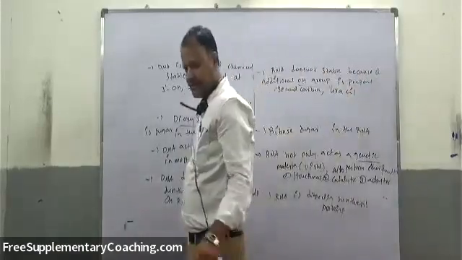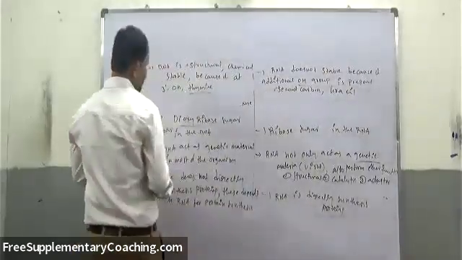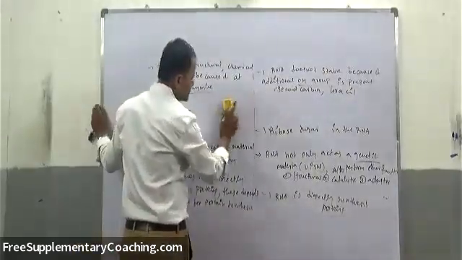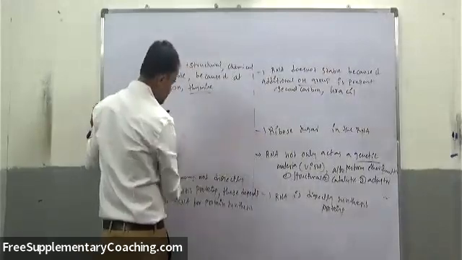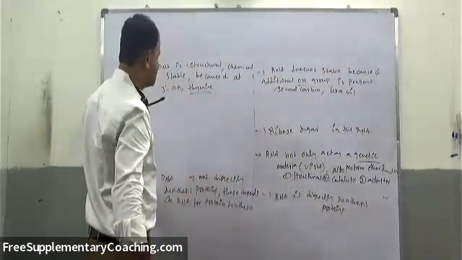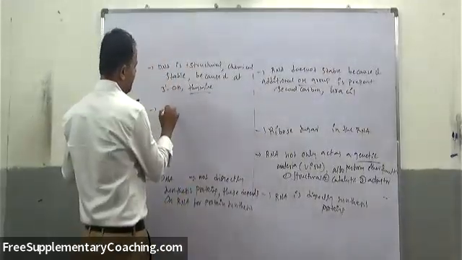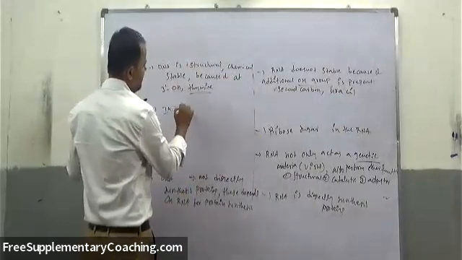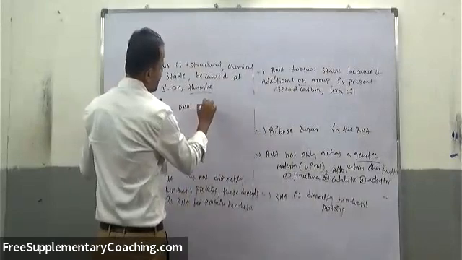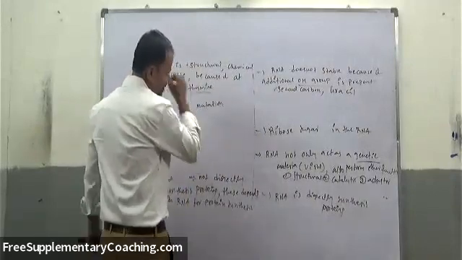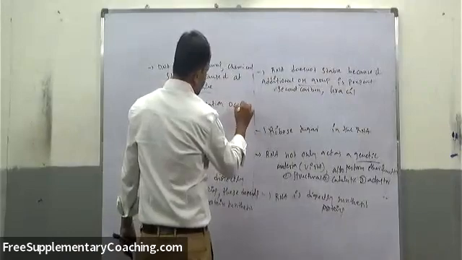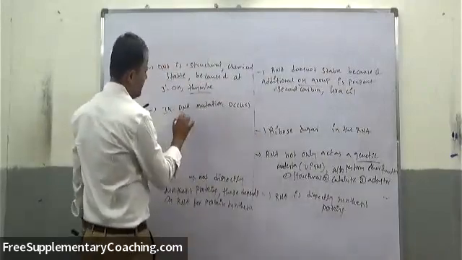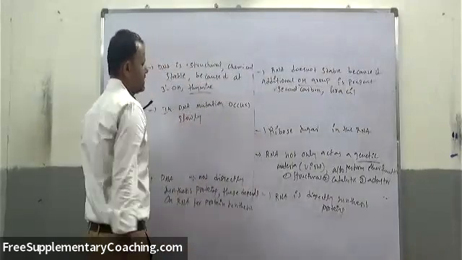The next point, DNA mutates slowly. In DNA, mutation occurs slowly because it is stable.